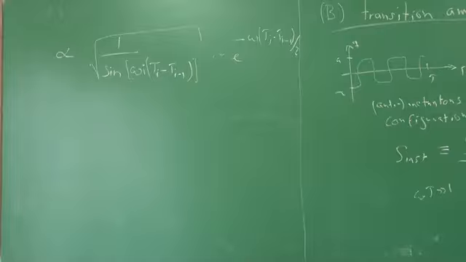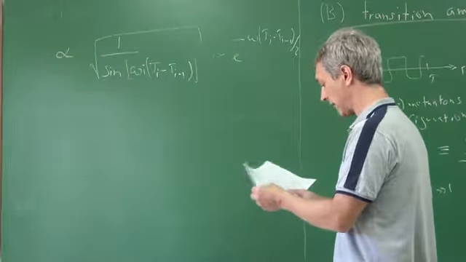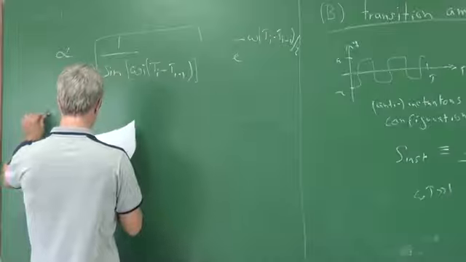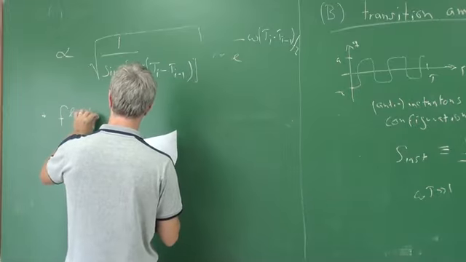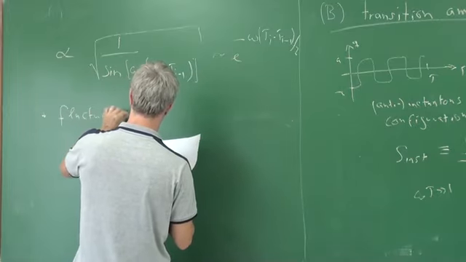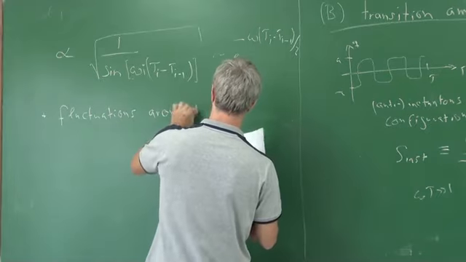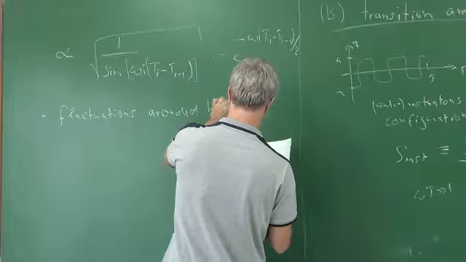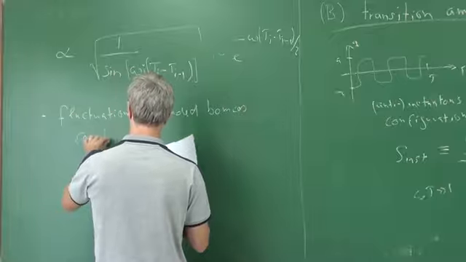Because we say that fluctuations around the bounces can be neglected in the dilute approximation. So fluctuations around bounces in first order can be neglected.